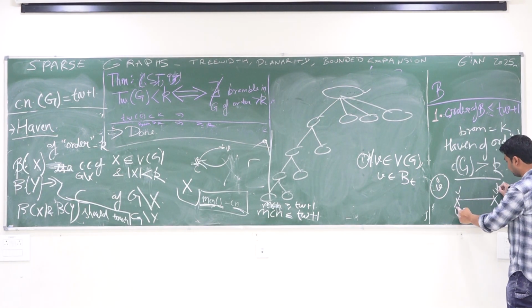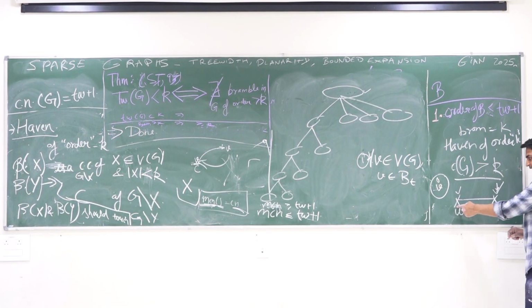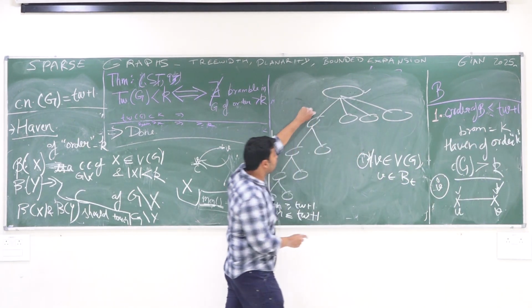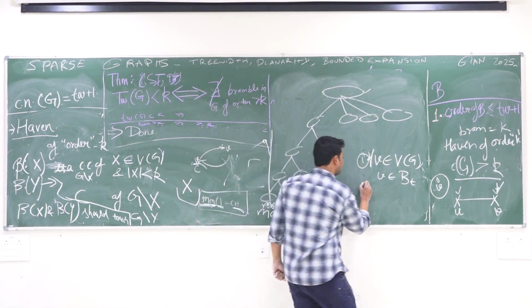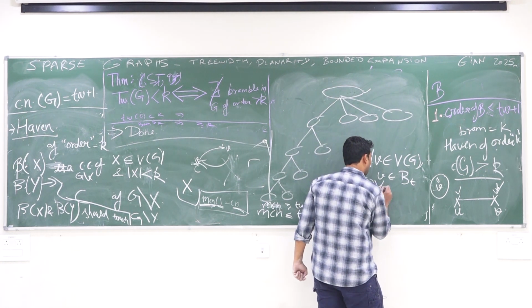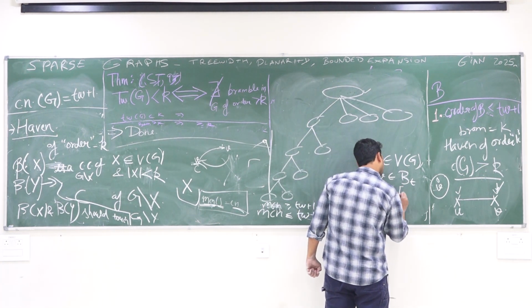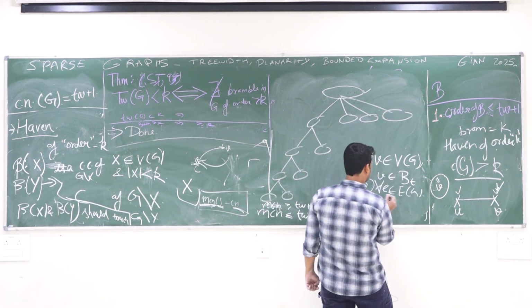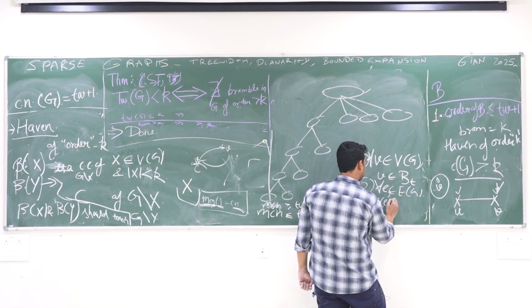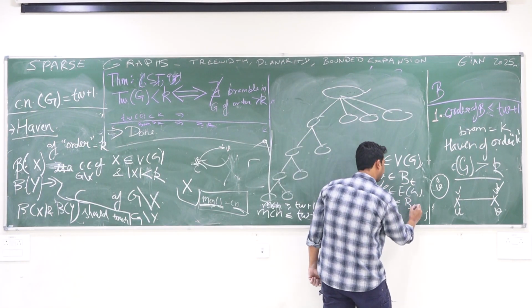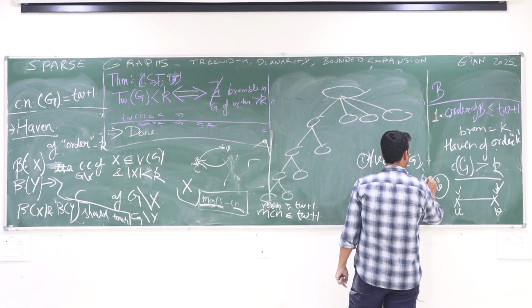When I'm shooting at U, the robber is at V, and when I'm shooting at V, my robber is at U. It can oscillate on this edge forever. So what must happen is that in some shot, I must shoot at every edge. For all edges E in E(G), both vertices of E should be contained in B(t) for some t.